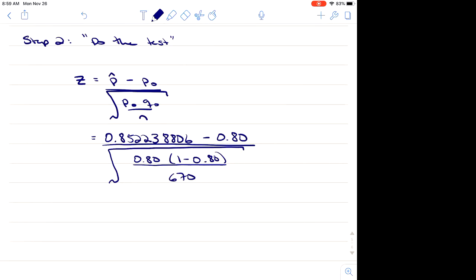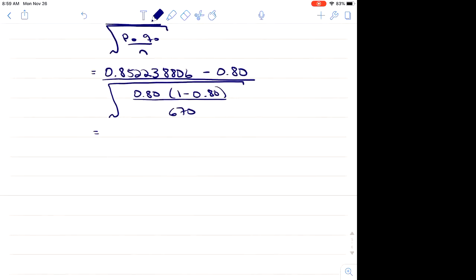Cool. So it's the same idea though, right? We're just seeing, okay, well, Z tells us how many standard deviations, right, or standard errors we are away from this hypothesized proportion, right? So we're just seeing how far this is from this. Same thing that we have been doing all along. Okay. So minus 0.8.